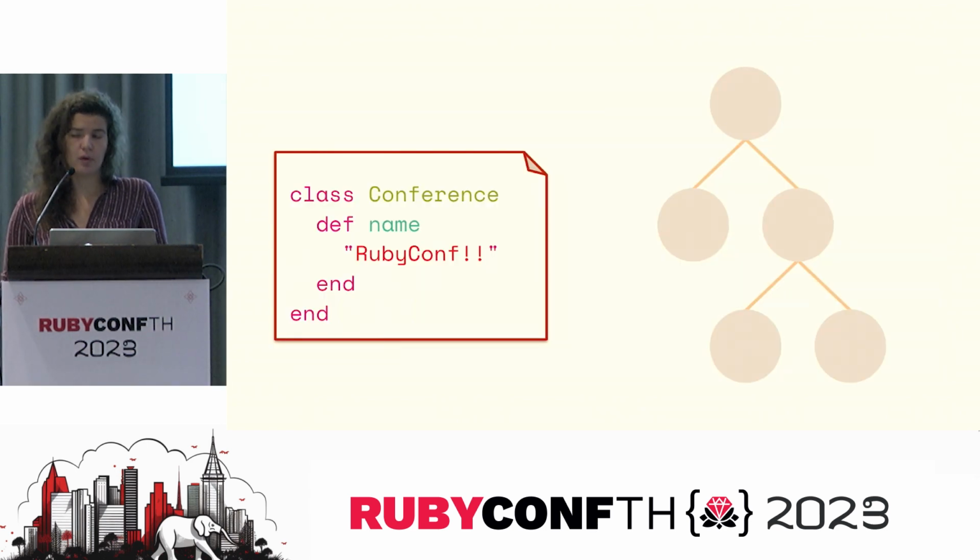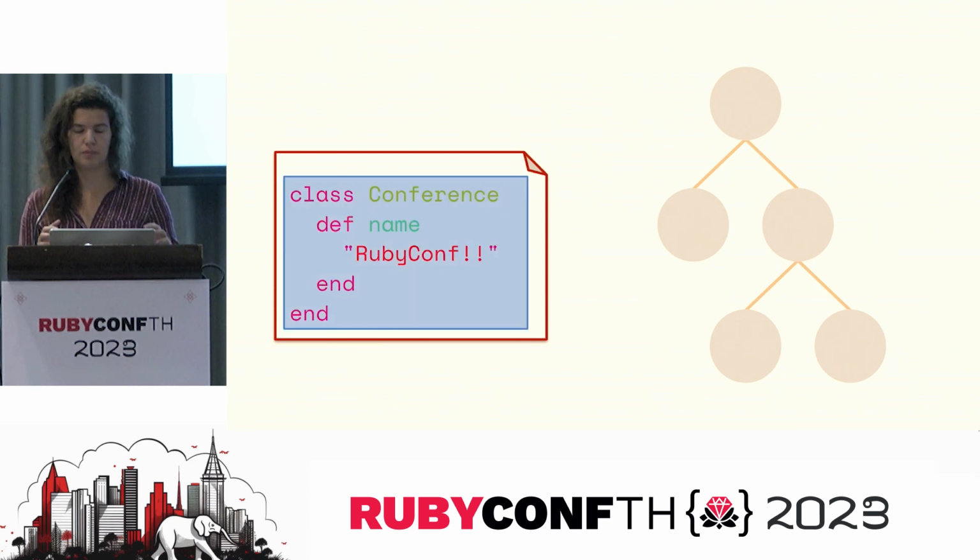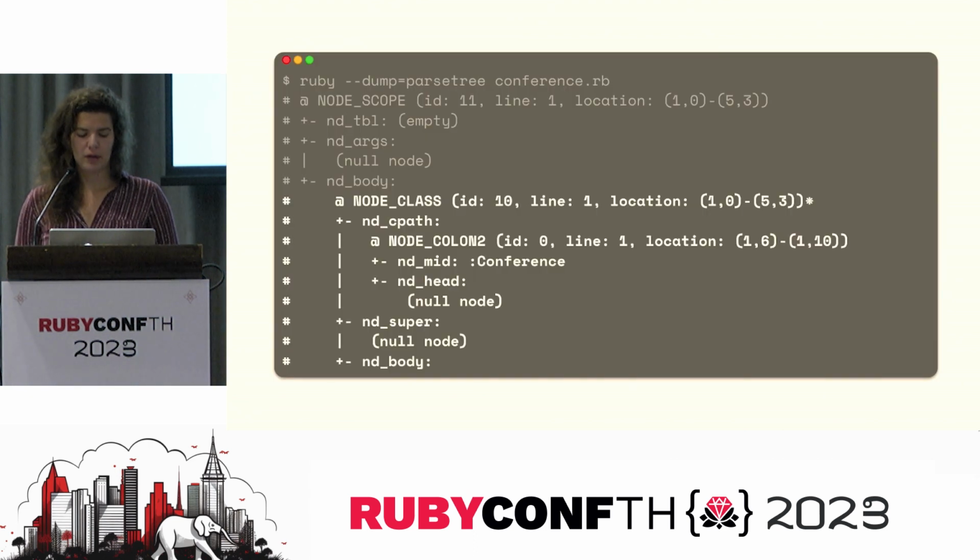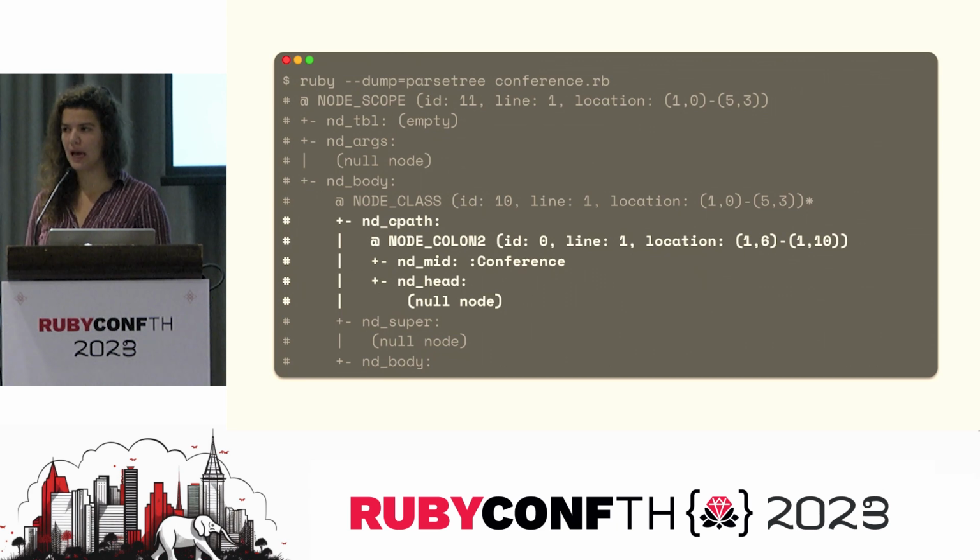So to drill more into that, looking at our tree structure, this whole program is encapsulated within one class node, right at the top of our tree, right under that scope node. Within the class node, there are a few children. The first one is the class path. You can see it here with node cpath.